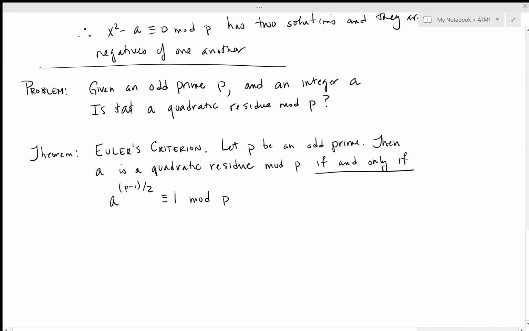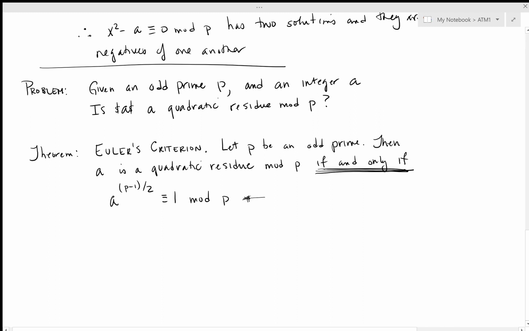Okay, I want to draw your attention to the if and only if. When a theorem is stated this way, and we've done this before, but just to remind you, this came up on the midterm, you must prove it both ways. In this case, you would say, suppose A is a quadratic residue, and then you would show that this then holds.